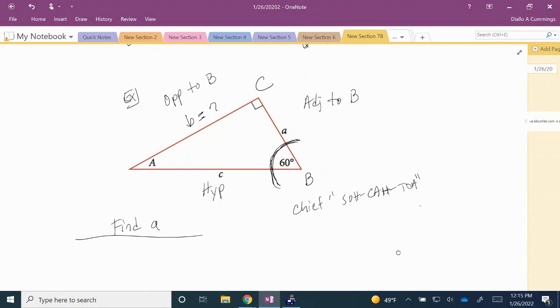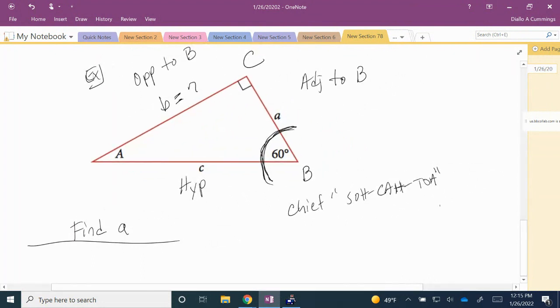As I look at Chief Sokotoa, I have two setups that include the opposite side: the sine and the tangent. Since we're trying to find side length A, A is the adjacent. We have the opposite and we have the angle measure. So in this instance, we're going to set up a tangent function.